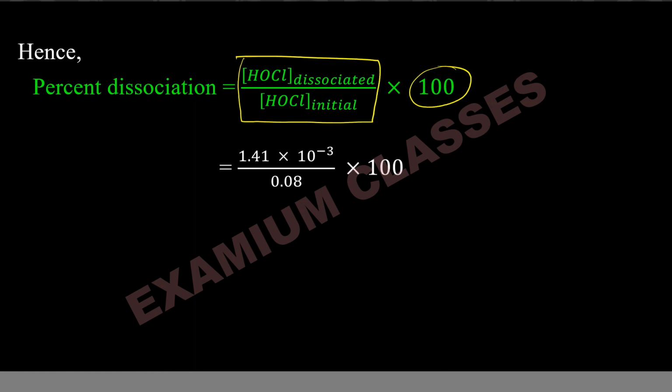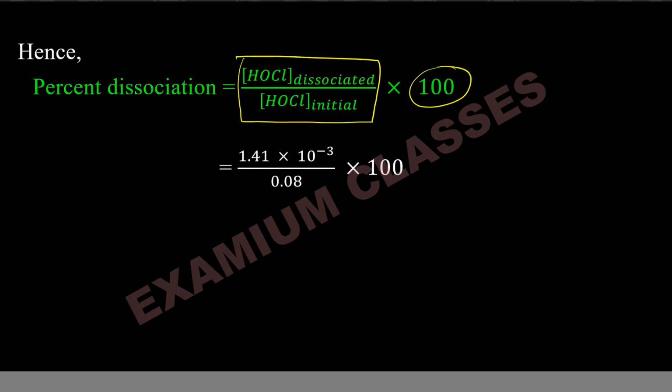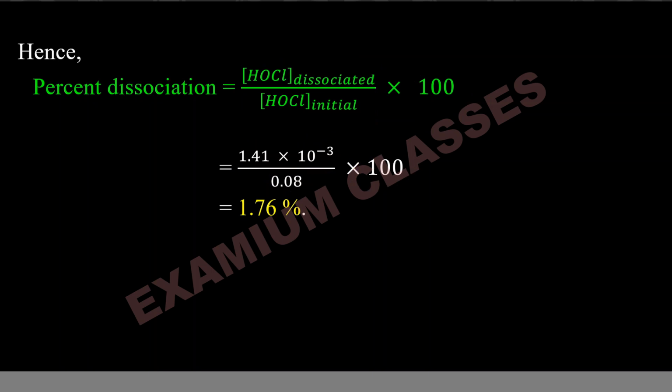How much it got dissociated is X. How much initial value was there? 0.08. X divided by 0.08 and X is 1.41 into 10 power minus 3. So when we substitute the value, you will get percentage dissociation 1.76%.